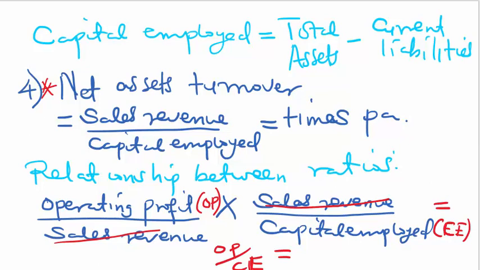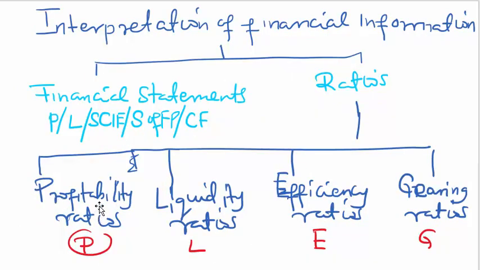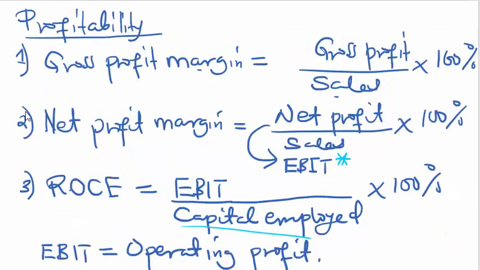So basically return on capital employed can also be calculated as your net profit margin multiplied by your net assets turnover. But if you forget everything, just remember that profitability has a number of ratios, including these four that we've talked about: gross profit margin, net profit margin, return on capital employed, and net assets turnover.